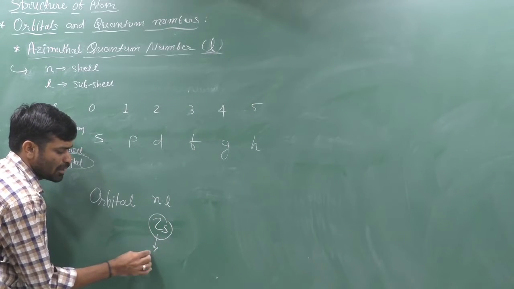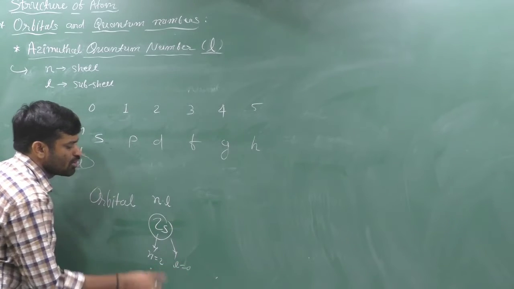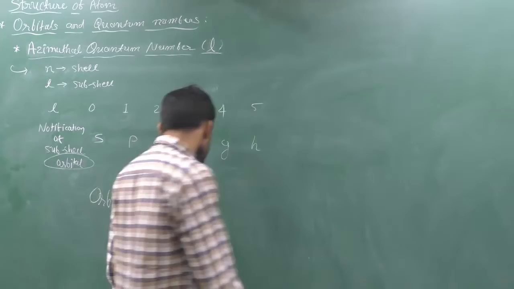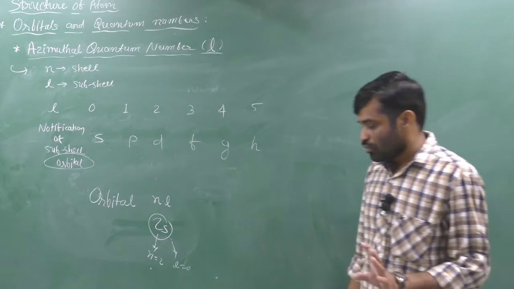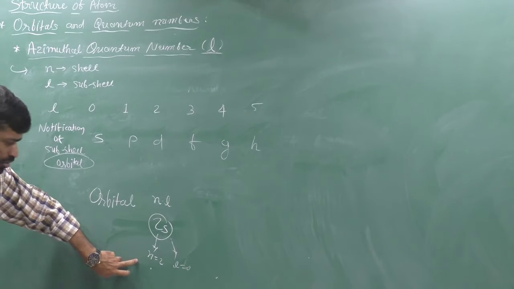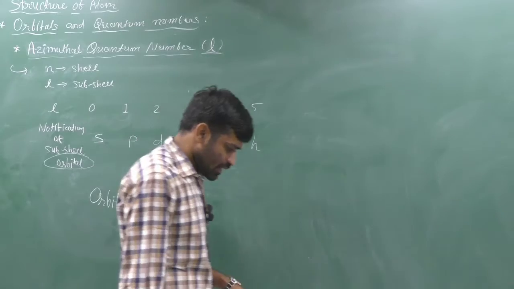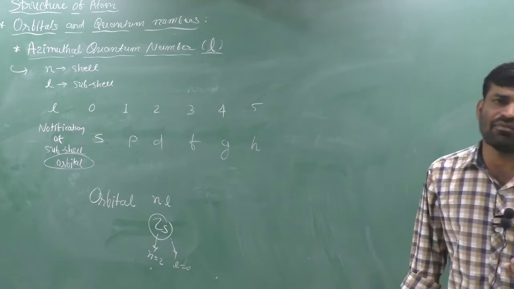It means that the principal quantum number n is equal to 2 and the azimuthal quantum number L is equal to 0, because s stands for 0. Understood? In any written orbital, the first letter is the principal quantum number, the second letter is the notation of the orbital, and from the notation we can find L.